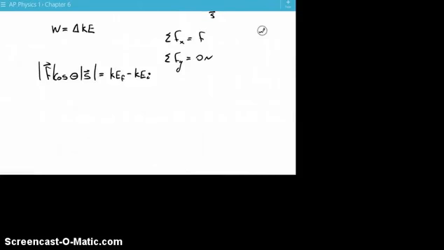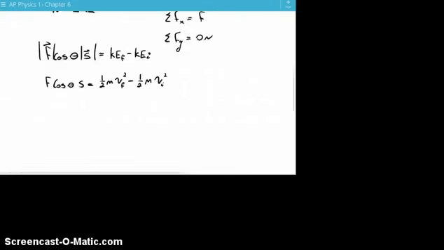So we're going to write this. We'll just write F cosine theta s equals 1/2 mass v final squared minus 1/2 mass v initial squared. And then we're going to solve for v final.